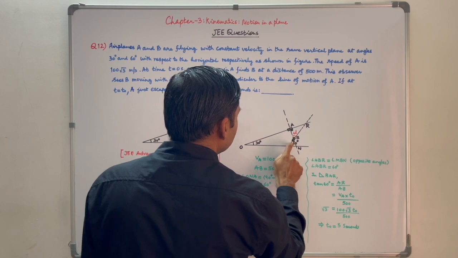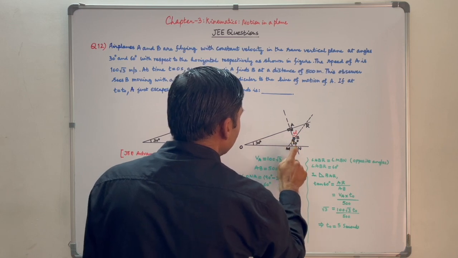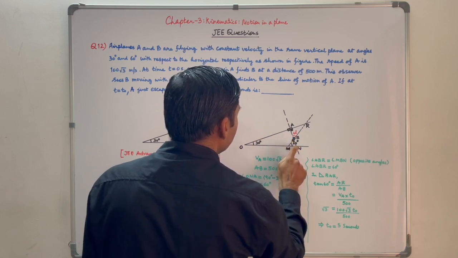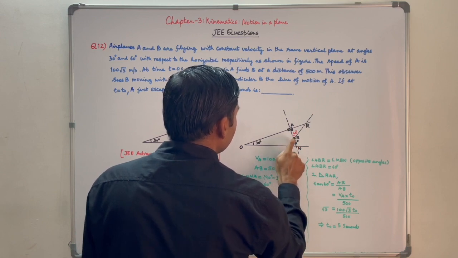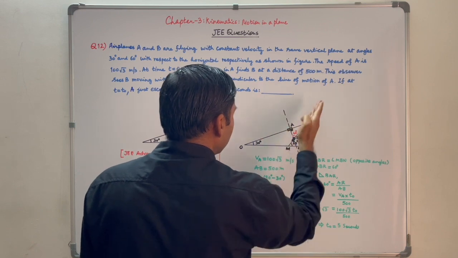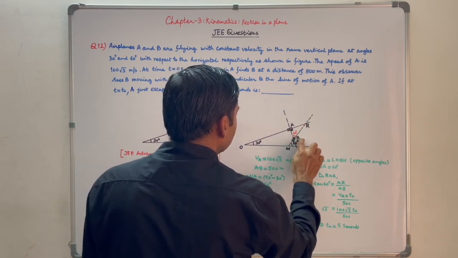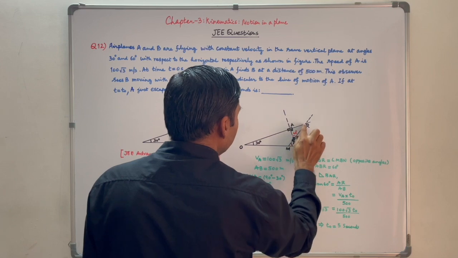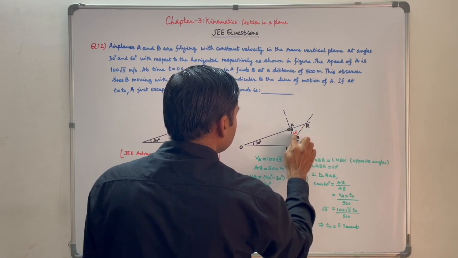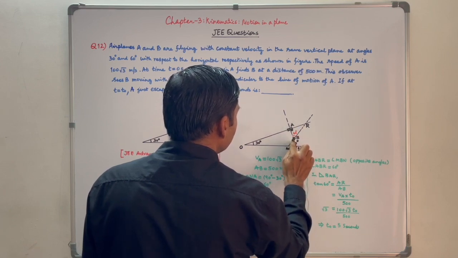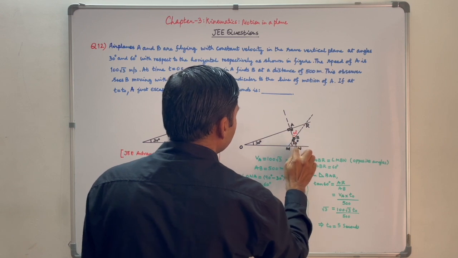So third angle, that is angle MBN, will be 180 minus (60 plus 60). So angle MBN will also be 60 degrees. Now these lines are intersecting at B. So angle ABR will also be 60 degrees as this is opposite to MBN.